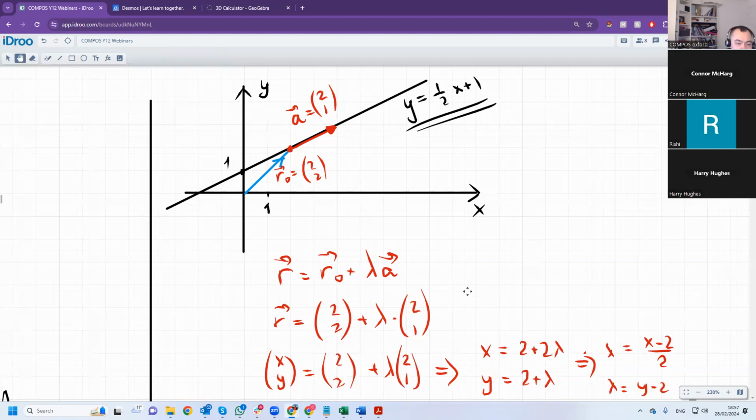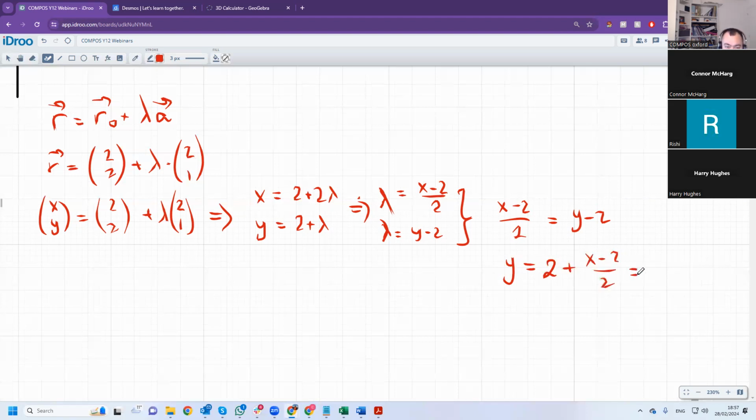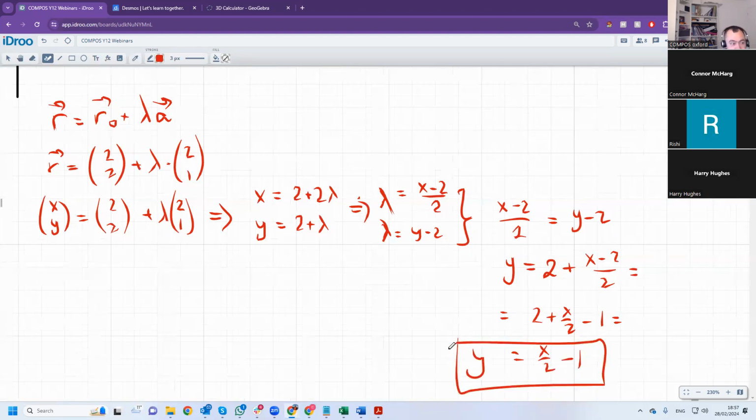Now I can equate both sides, because they're both equal to lambda. So (x minus 2) over 2 equals y minus 2. So y is equal to 2 plus (x minus 2) over 2, which is 2 plus x over 2 minus 1, which is x over 2 plus 1.